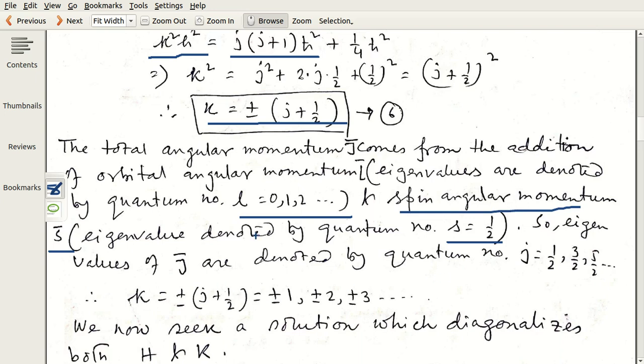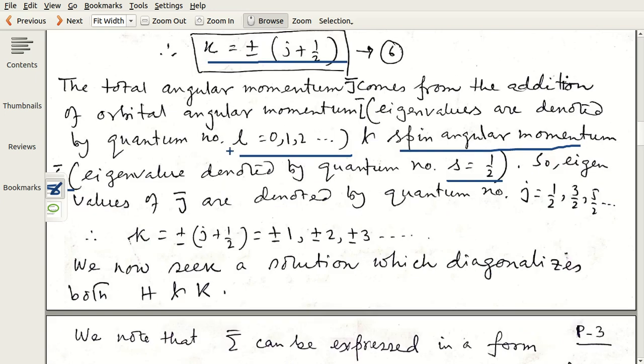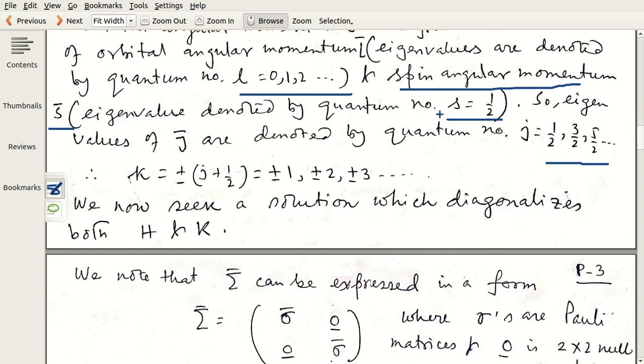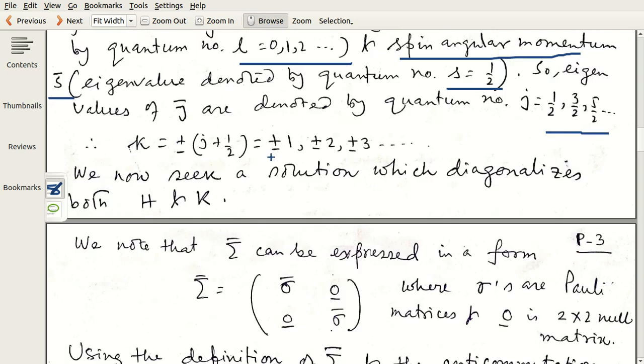So j, as we have seen in the addition of angular momentum, will take the values half, 3 by 2, 5 by 2, and so on. And so k will have another additional half with j. So k will definitely have plus minus 1, plus minus 2, plus minus 3, so only integer values other than 0.